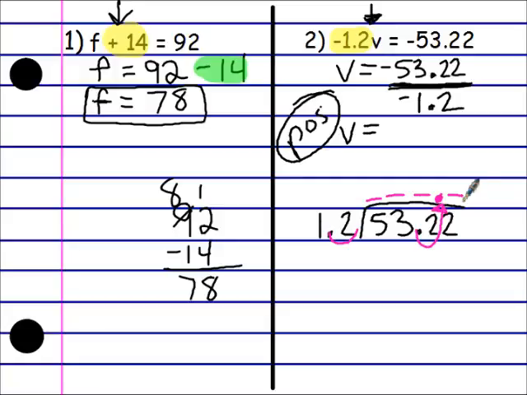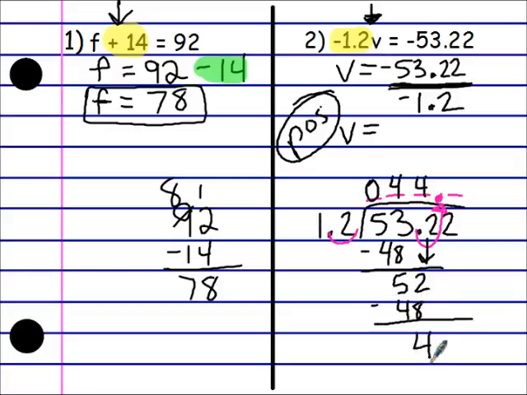And now we're ready to divide. 12 will not go into 5, so we'll put a 0 there. 12 will go into 53 4 times, which is 48. Subtract, and we'll get 5. Bring down the 2. 12 goes into 52 4 times, which is 48. Subtract, and we'll get 4. Bring down the 2.